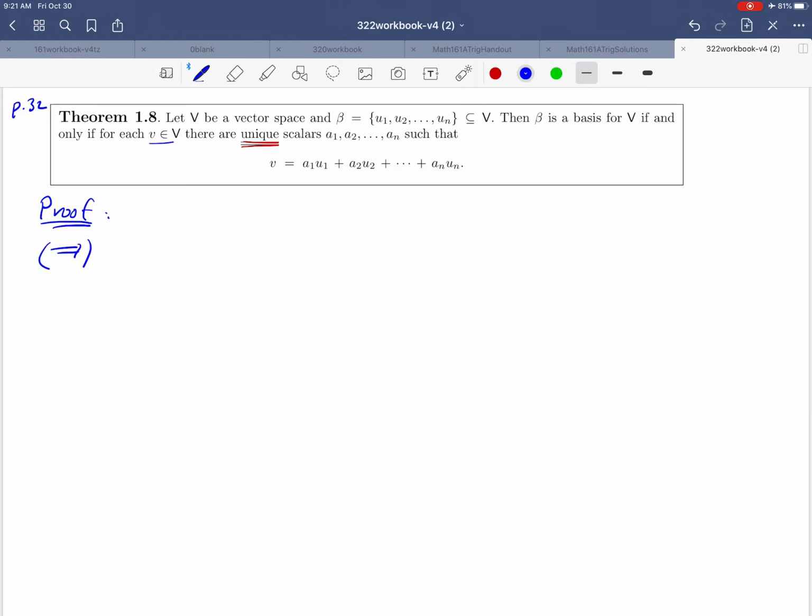In the forward direction, we would be assuming that beta is a basis for V, so we'll make that our first line. We'll go ahead and choose a vector w in our vector space. Now what are we trying to prove in this direction?